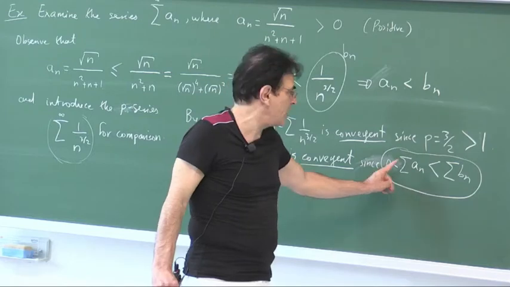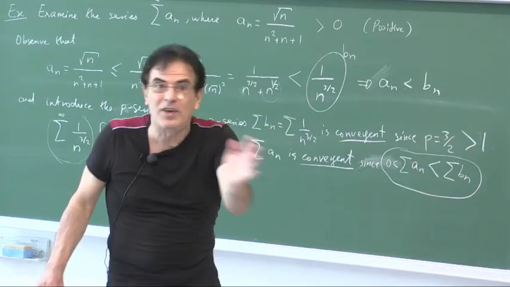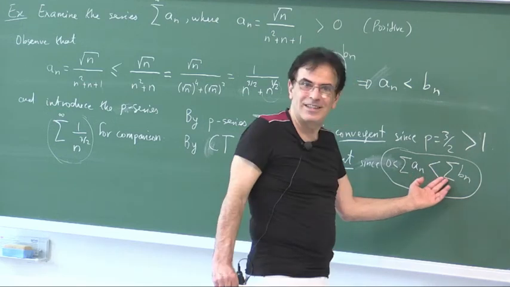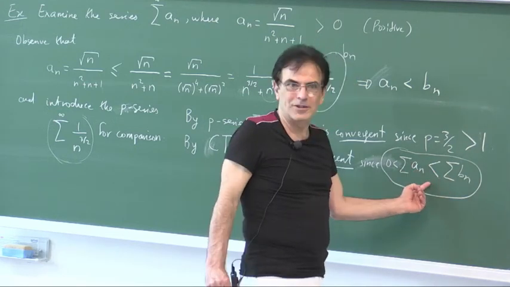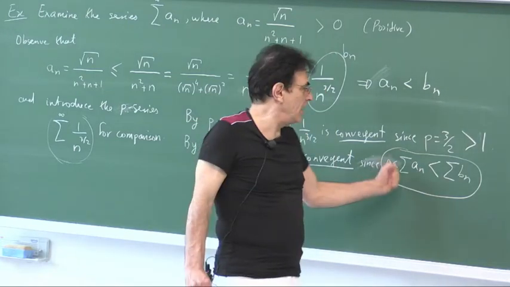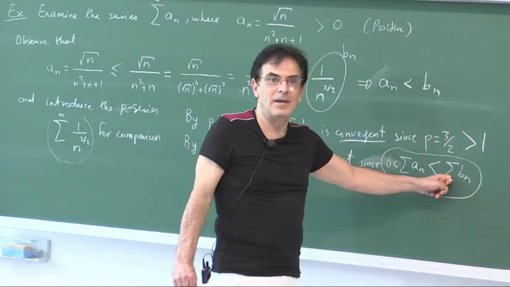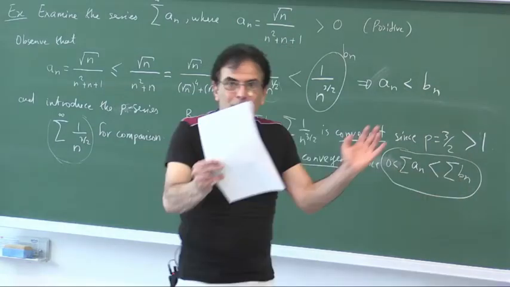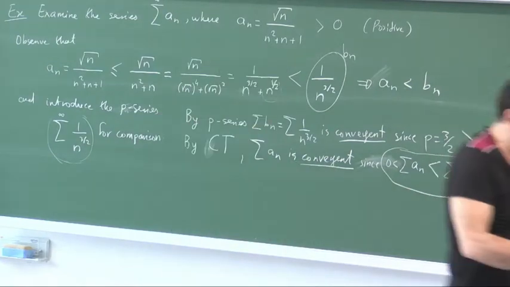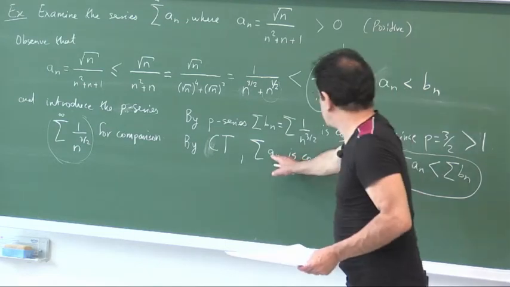If the series are not positive, the sum of sigma An may be negative infinity, so this relation doesn't tell us that sigma An is convergent. But for positive series, we know the sum of our series is smaller than the sum of sigma Bn but larger than 0, so it remains a finite number. So we find by the comparison test that sigma An is convergent.